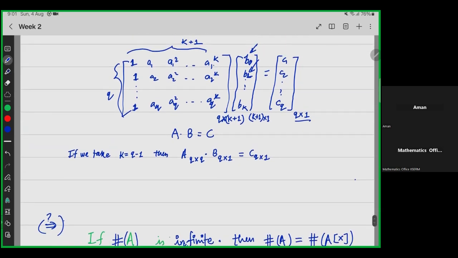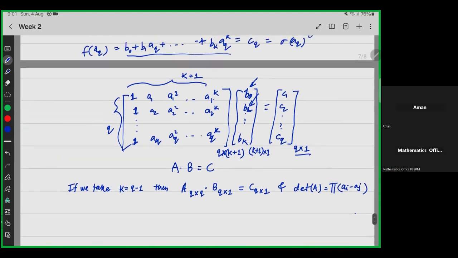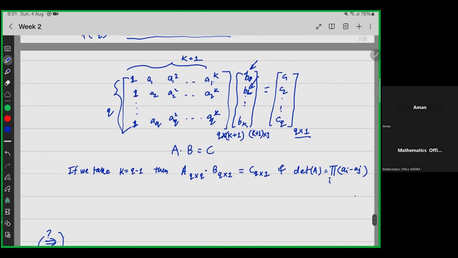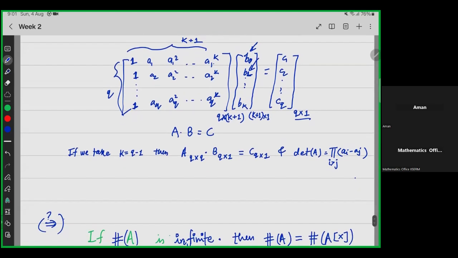In that case, the determinant of this matrix A is nothing but the product of ai minus aj, with i strictly bigger than j. And this is not 0 because the ai's are distinct. So A is an invertible matrix, and now you can find our coefficients, which are the bi's.